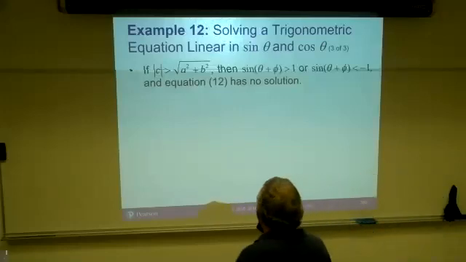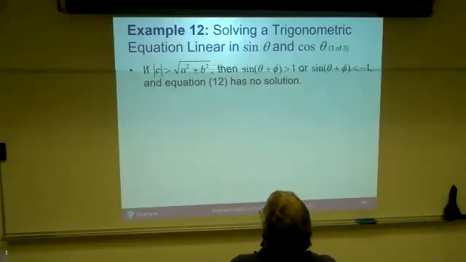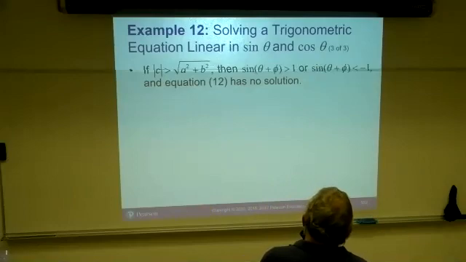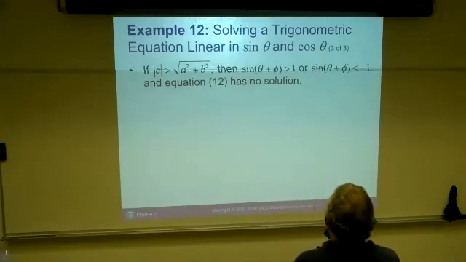I'm not understanding this statement. If the absolute value of C is greater than the square root of a squared plus b squared, then the sine of the sum is greater than 1, or less than negative 1.